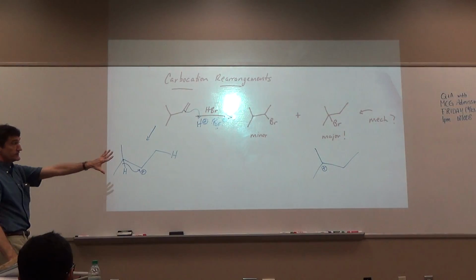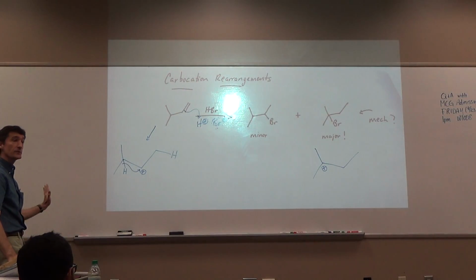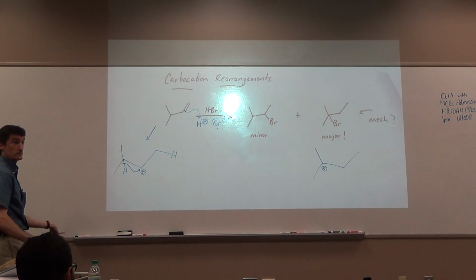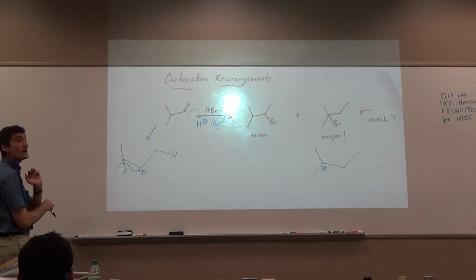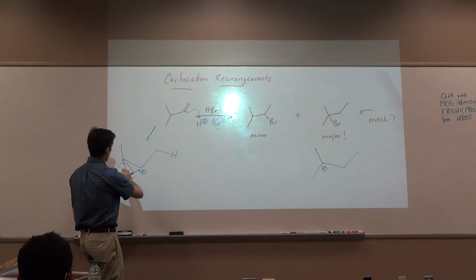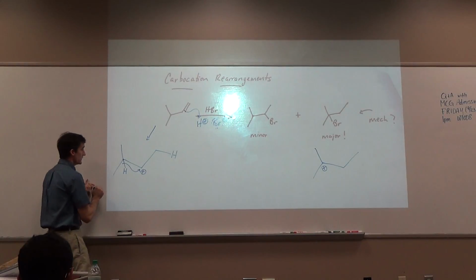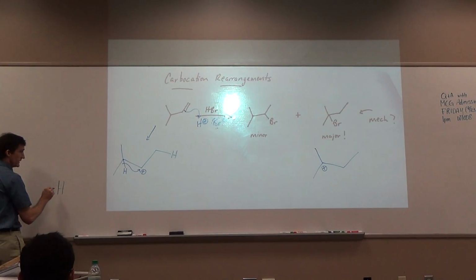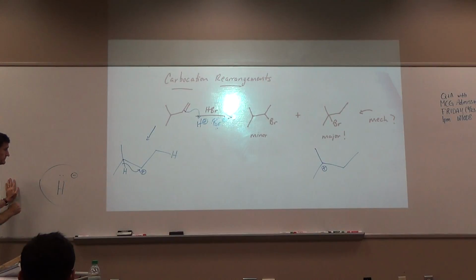Okay? So you see that H moved over. You got to keep track of your H's. Draw them in if you want. Draw them all in. That just takes time. You just have to know they're there. This is called a hydride shift because not only did the H nucleus move, but also the 2 electrons that were bonded to the other carbon. And an H with 2 electrons is a minus charge. And this is called what? Hydride.